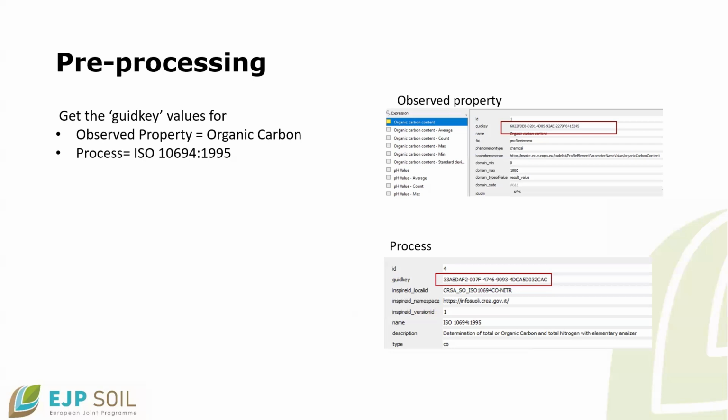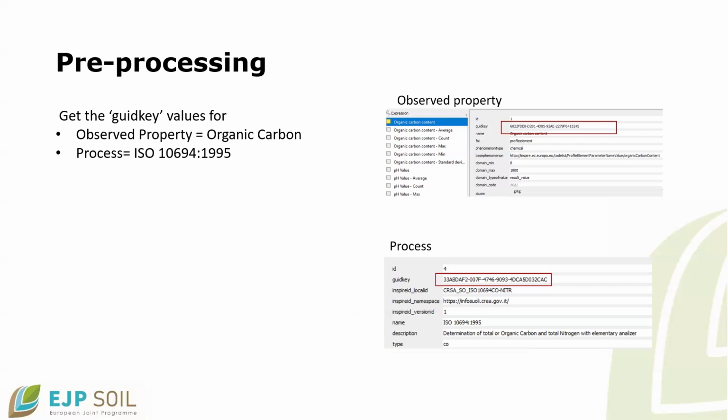So since we are adding observations related to the plots, and observations for organic carbon content, we need to know how to link the observation to the observed property in the observed property tables. We need to know which is the foreign key, so which is the famous ID key that I was talking about before.